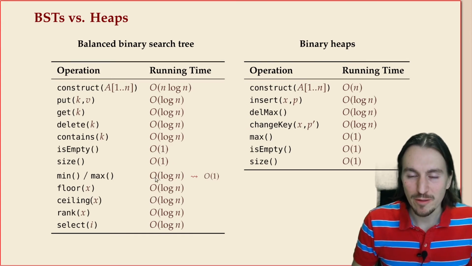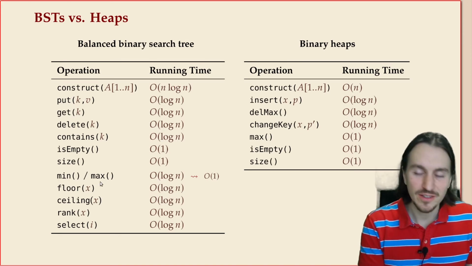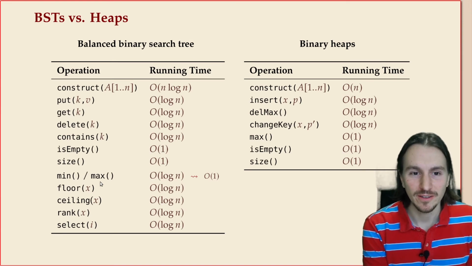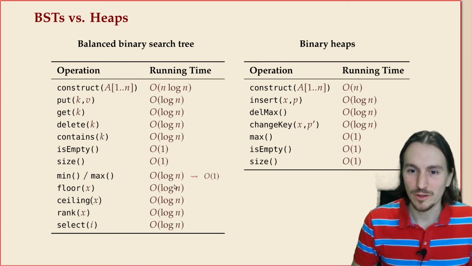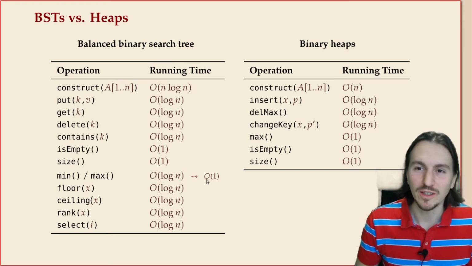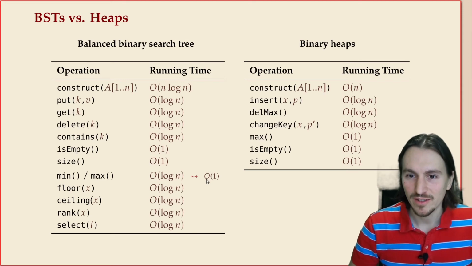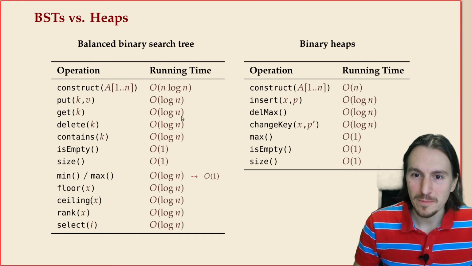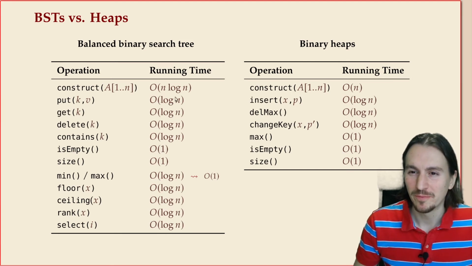I put down logarithmic time for min and max because the easy way you get it, like it's shown in Sedgwick and Wayne's book as well, would give you logarithmic time, but you can tweak it to be constant time by just remembering the minimum and the maximum. That is possible in a binary search tree. But these are the listed times as implementations usually do it, and it's all worst case logarithmic time.